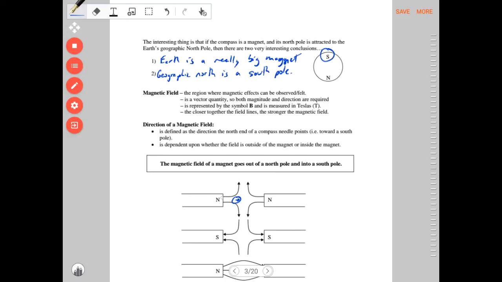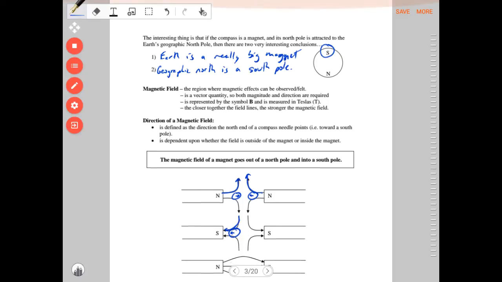So you can see the magnetic field goes out of a north pole. Same here, if we put a little compass right here, the north pole is going to point away. Now if you put a little magnet or a little compass here, the north pole would be attracted to the south pole of that magnet. So the field lines go into a south pole.